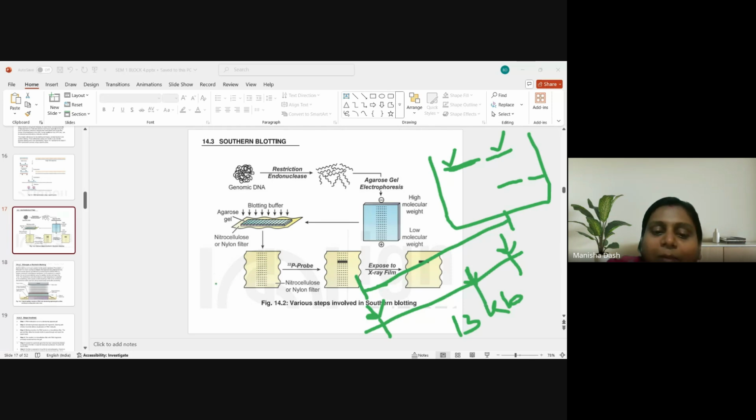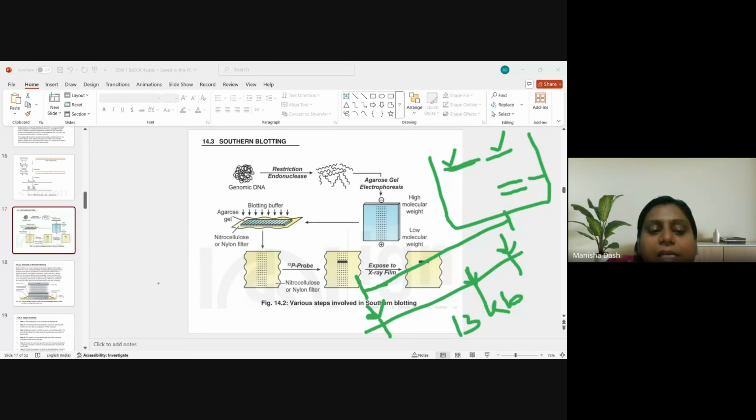So you will have the normal band and alongside it two different bands, 11 kb and 200 bp.